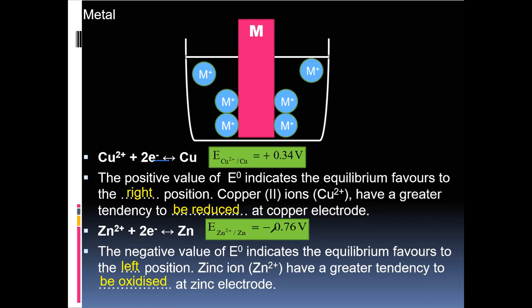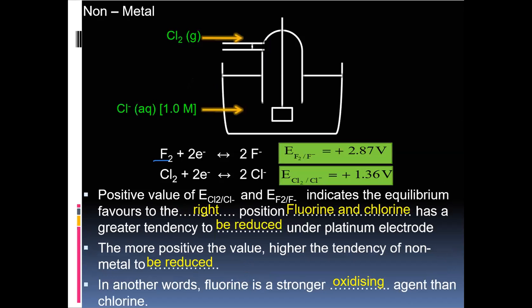In this case, you have -0.76. The negative value of the electrode potential indicates the equilibrium favors the left position. So zinc ion, Zn2+, has a greater tendency to be oxidized at the zinc electrode. So most likely this reaction is going to occur as an oxidation reaction on the left electrode, which is going to be our oxidation half.